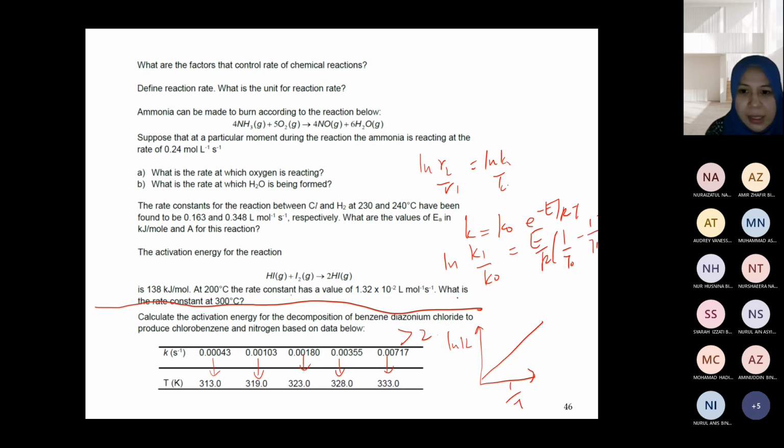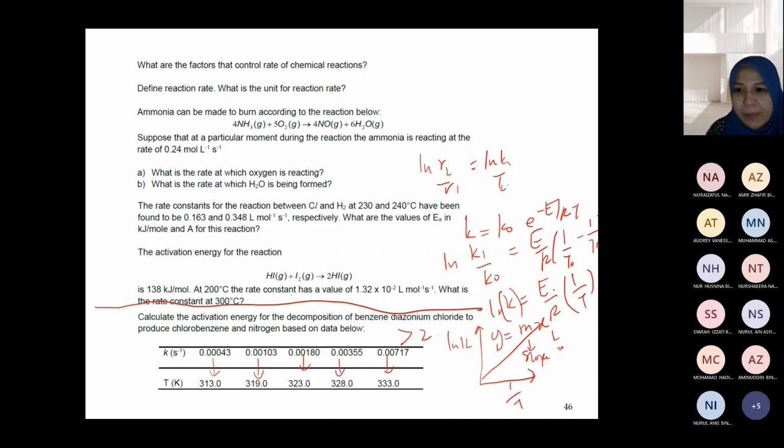Okay, so daripada sini kita boleh pecahkan sebab dia K with respect to T, so ln K is equals to, alright, you ingat kan kalau kita ada straight line, should be Y is equal to MX. Okay, Y is the Y axis, M is the kecerunan ataupun slope, X is the X axis. Okay, so dari sini ln K, E over R, 1 over T.